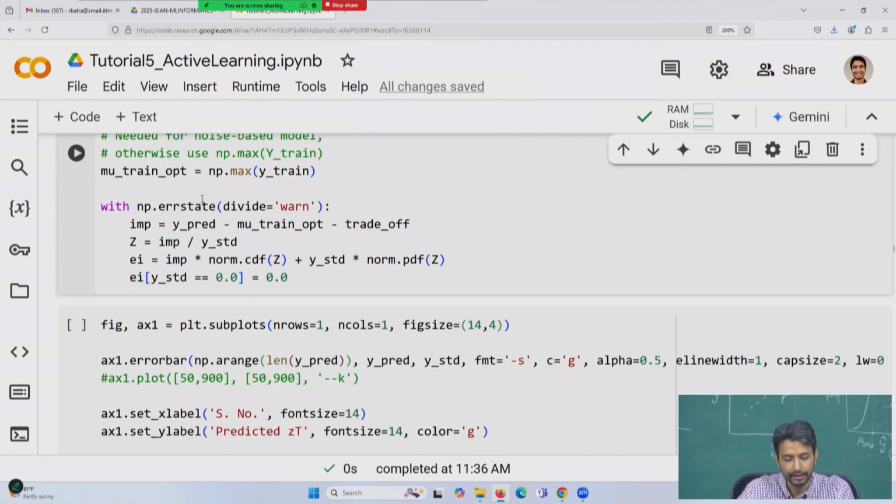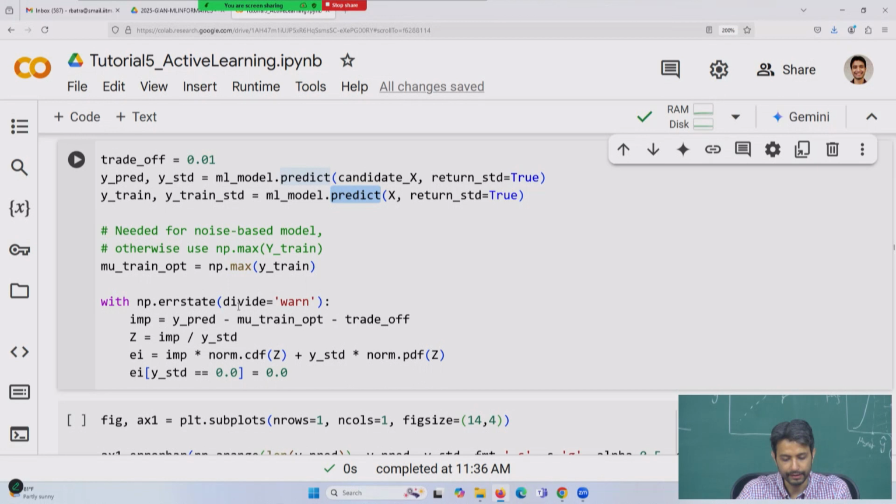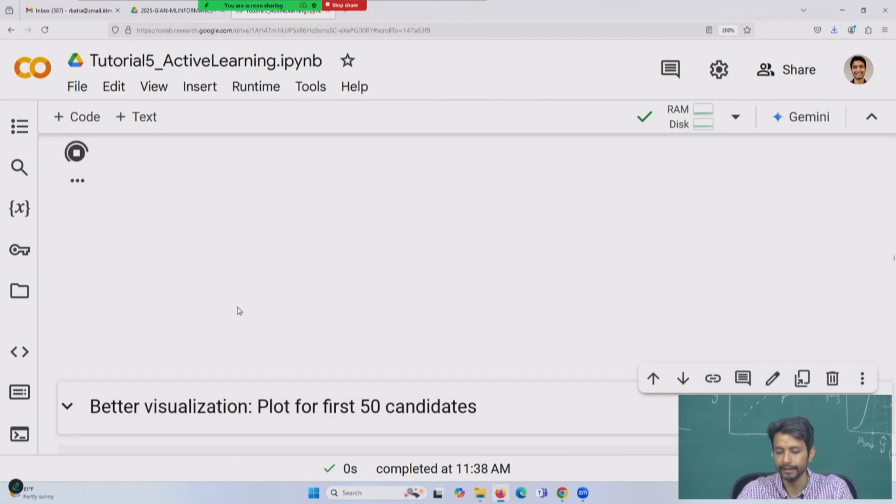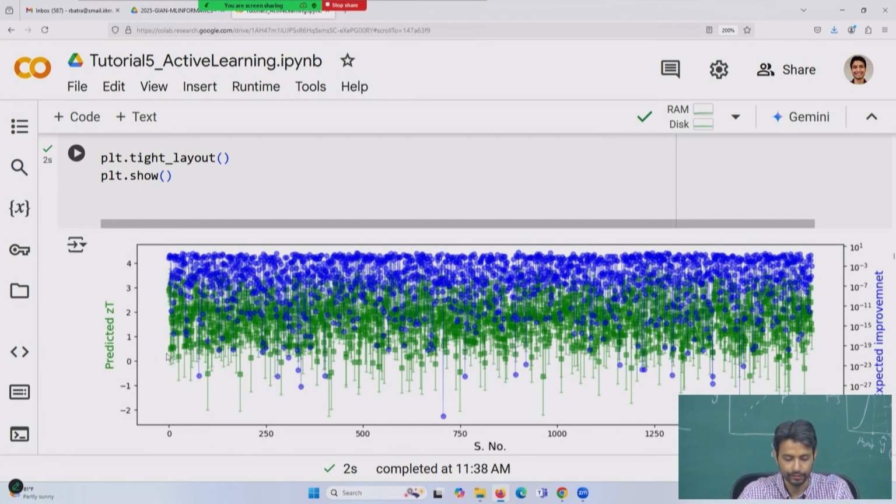And then I am applying the same function that I showed you. I am just showing it once here. Then I apply this formula for the entire candidate set, and it's being plotted. On the x-axis are my 1600 candidates.